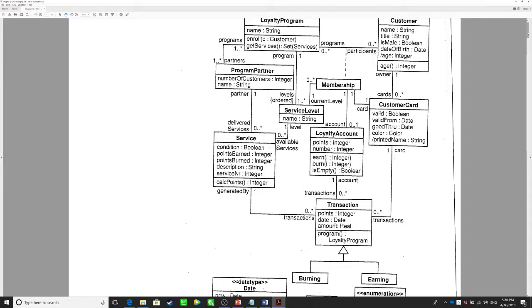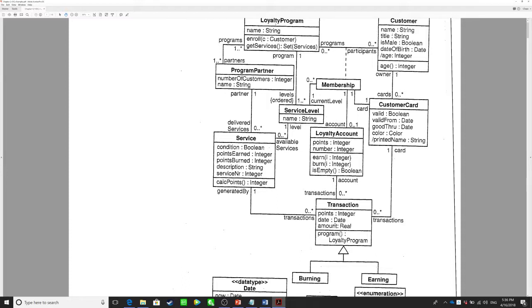All right, so the center of this class in the model is called the loyalty program. If you see on the top, the loyalty program here. Where's my mouse? Loyalty program.